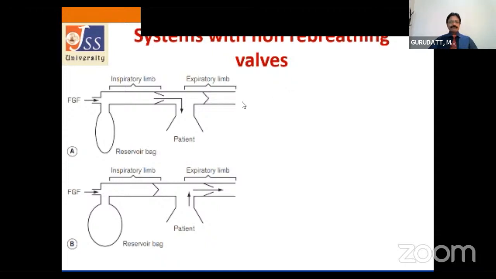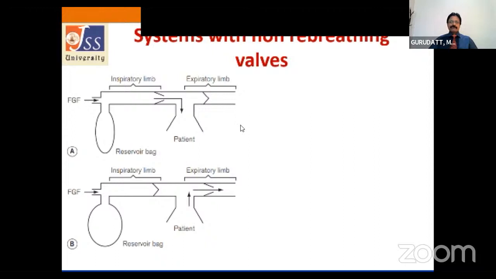with a Mapleson A circuit also. Now coming to how they function. Suppose a non-rebreathing valve is there and the patient is left on spontaneous ventilation. During spontaneous ventilation, as the patient creates a negative pressure, all the fresh gases will go to the patient. And when he expires, the expiratory unidirectional valve will open and the inspiratory valve will close, so all the expired gases will move out of the patient.